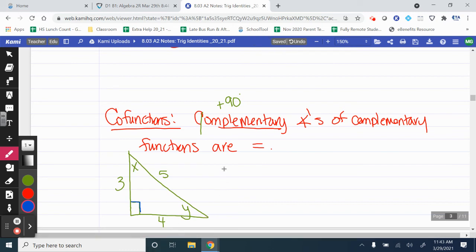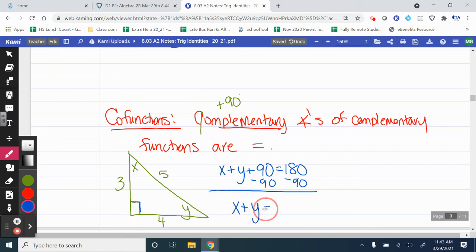So X plus Y plus 90 has to equal 180. So if I subtract both sides by 90, I know that X plus Y has to equal 90. 180 minus 90 is 90. So these two angles right here, X and Y, those are complementary, meaning they add to 90 degrees.